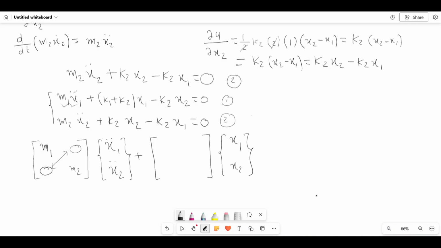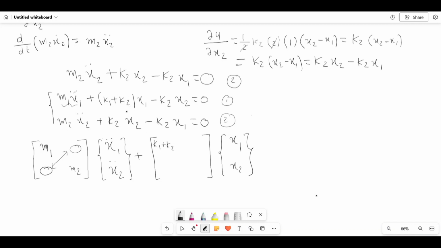Yes. So basically, we're going to have x1 multiplied by this. It will give k1 plus k2. You do it in such a way that when you multiply, you have what you have here.